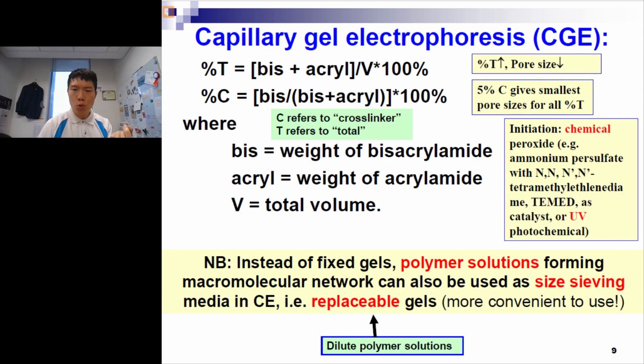Although they tend to give a lower efficiency compared to fixed gels because of the high diffusion and convection flow, they are more convenient to use. They can be pumped out of the capillary under pressure and replaced when necessary, unlike the other one that's more solid and resides inside the capillary.